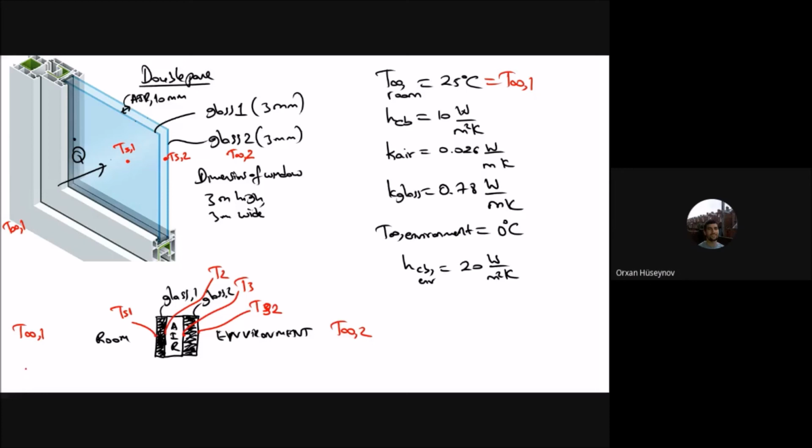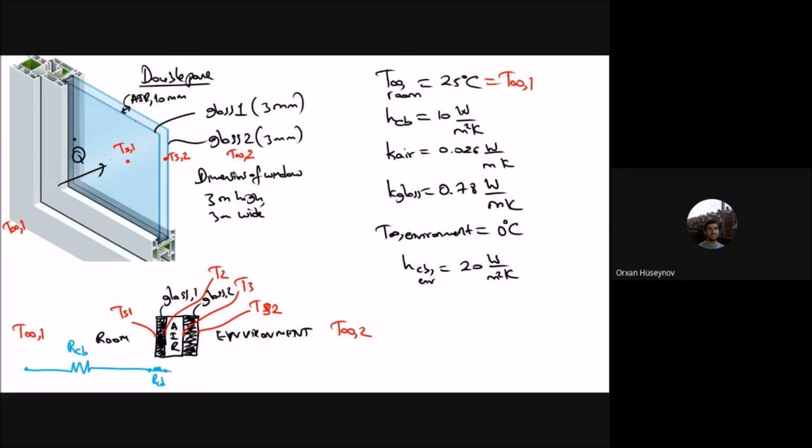Now the resistance. From T infinity 1 to TS1, I will have the radiation and the convection together, so this will be R combined. Then from TS1 to T2, you can see the glass part, where you only have RCD, the resistance of conduction.